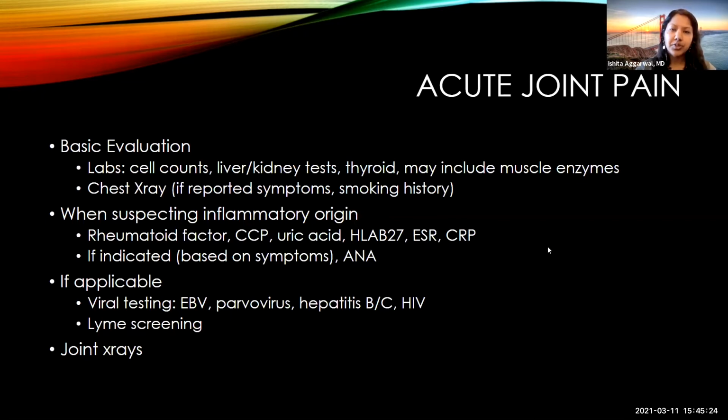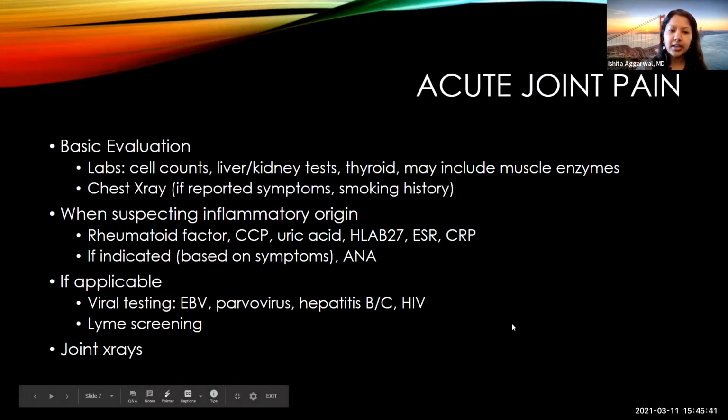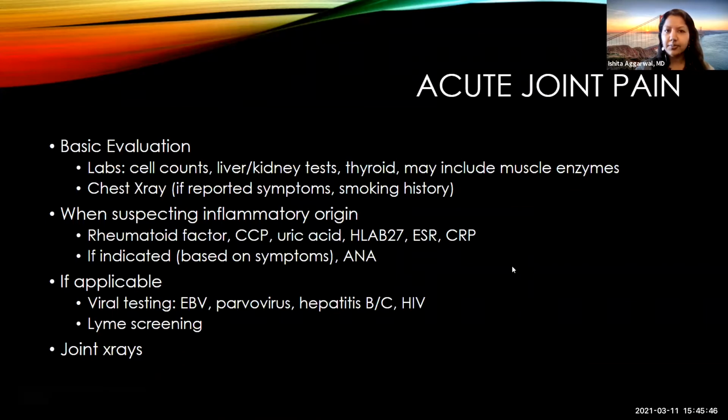And based on the symptoms, we may check an ANA test. If it's applicable, and if we think that there's some history of potential viral infection, we may do some testing for viral etiologies such as EBV, parvovirus, hepatitis, HIV, and depending on the history, we may screen for Lyme as well.